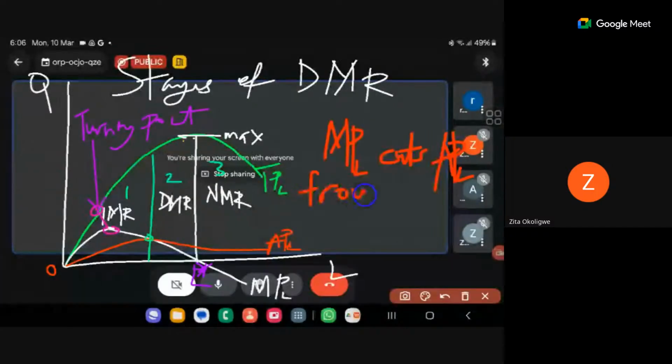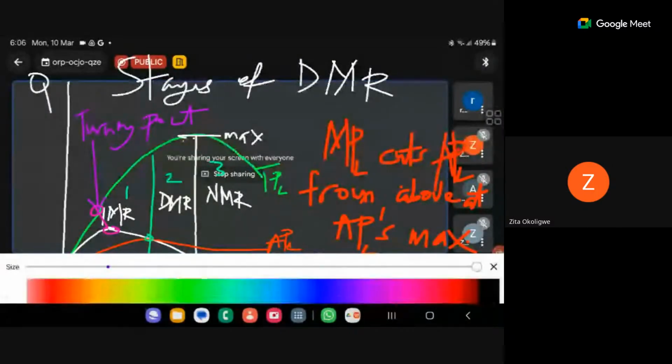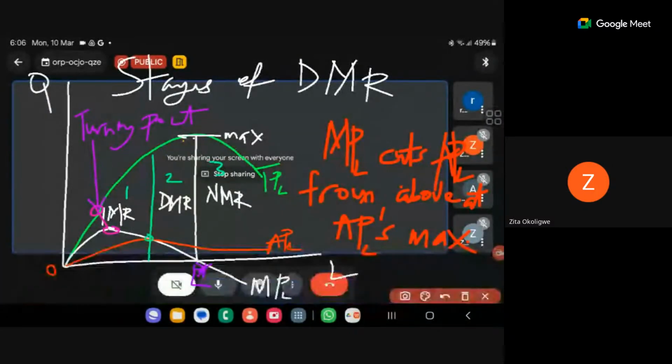MP, marginal product of labor, cuts average product of labor, APL, from above, at APL's maximum. This is the easiest way I can put it for you guys to understand.